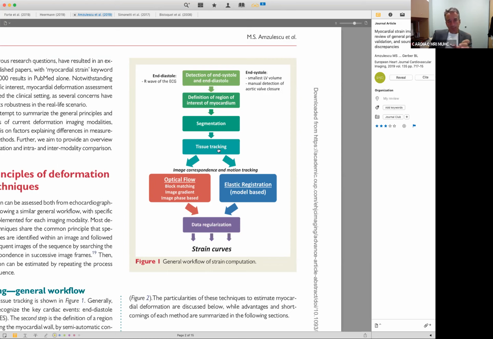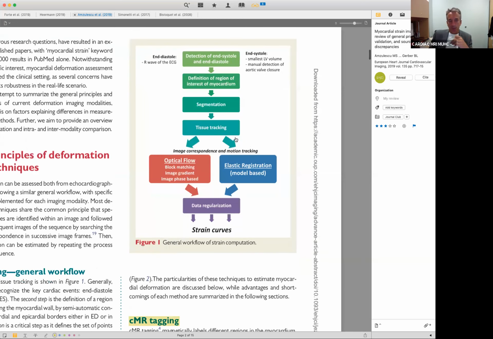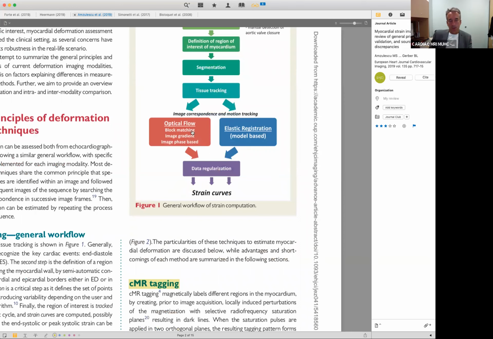And then you have defined the myocardium during all these phases, and then you need to have a marker for tracking that tissue. There are two basic approaches. One is you just use mere optics. That is, irregularities in the image or a gradient or whatever.